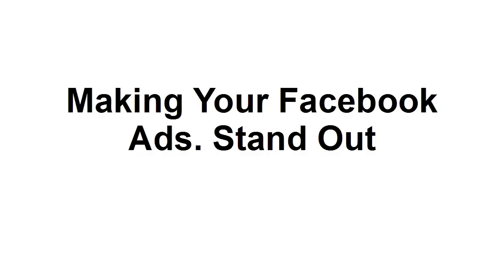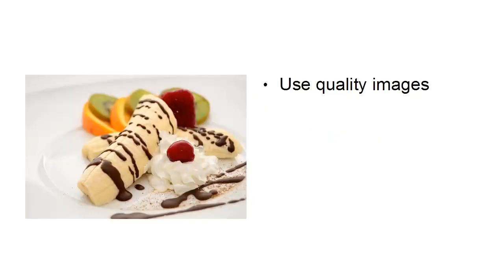In this video, I want to give you some tips for making your Facebook ads stand out. Now, when you're advertising on Facebook, you're going to be allowed to have an image on your advertisement. And this is very powerful because it's the thing that people will see before they actually read the text.